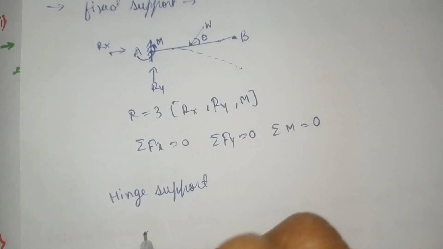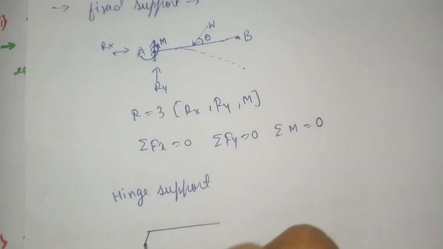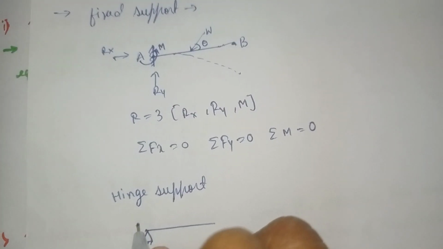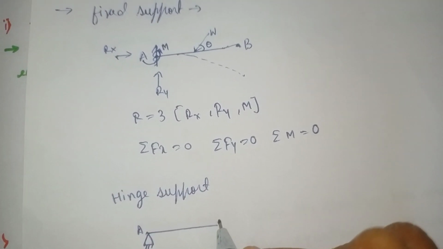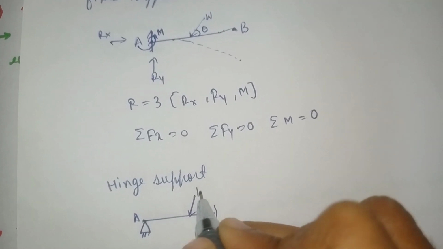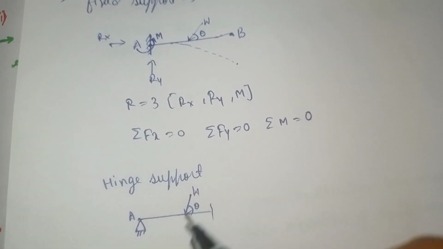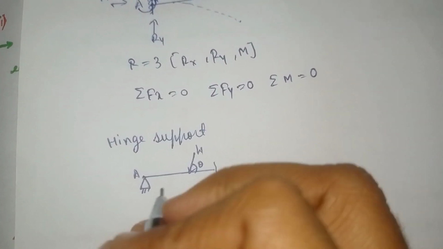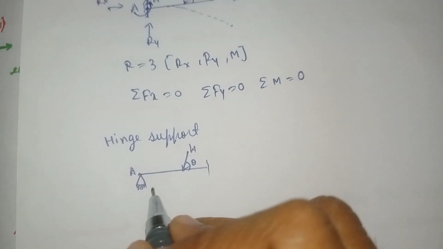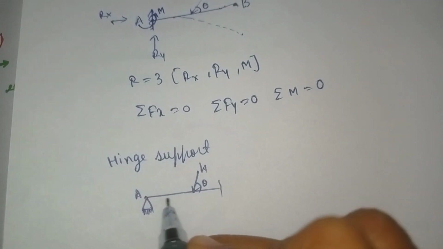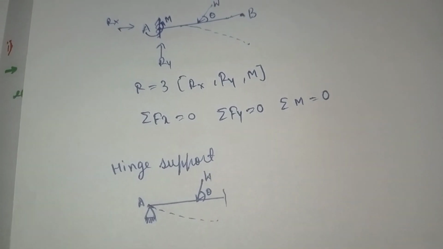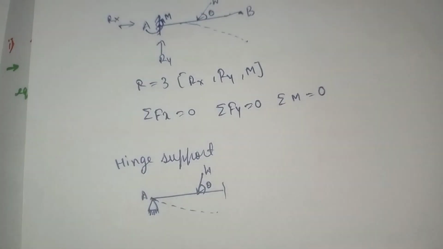For the symbol of hinge support, take a beam where point A is hinged. If you cut the section here, when you apply the load at an angle theta, the displacement curve comes like this.